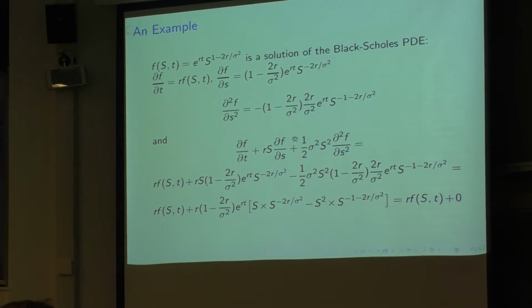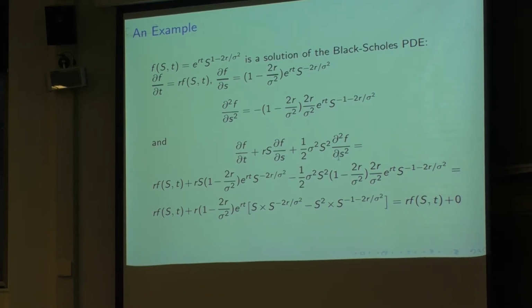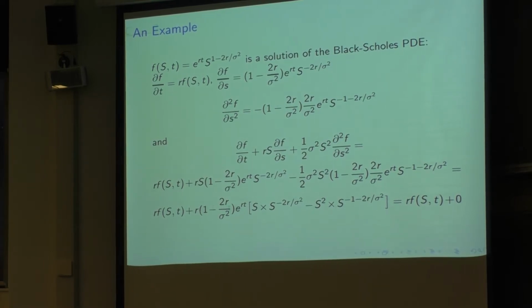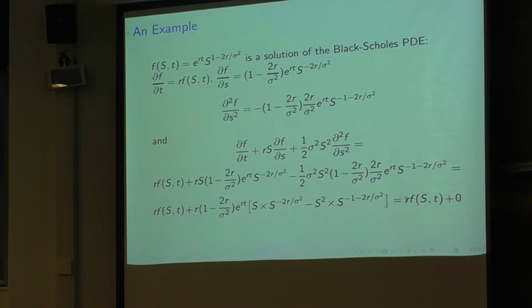There it is. I'm going to substitute my expression for df/ds and for the second derivative of f with respect to s. And I'm going to get this enormous mess. And then I'm going to simplify this enormous mess. And it's going to simplify to r times f. And r times f is great because it's the right-hand side of the Black-Scholes partial differential equation.